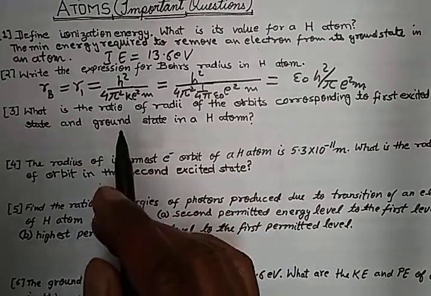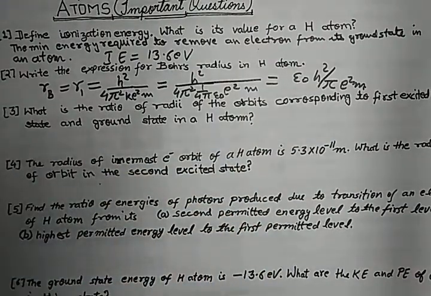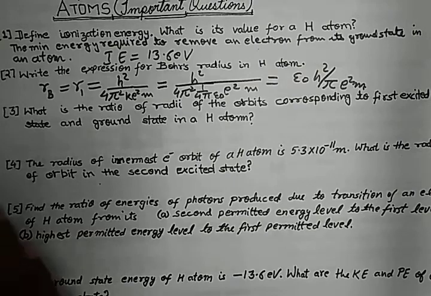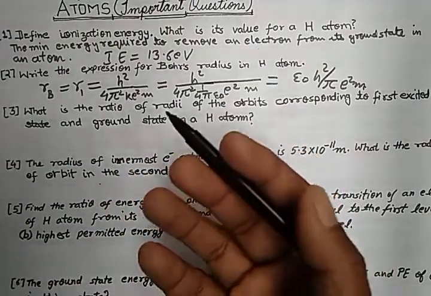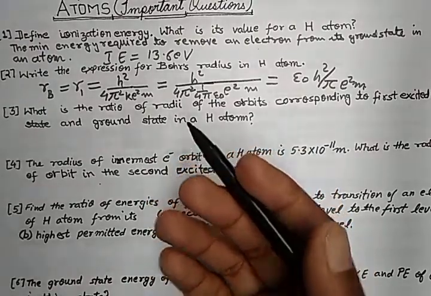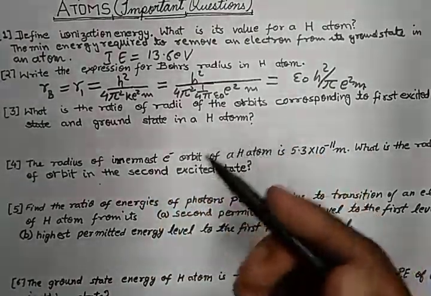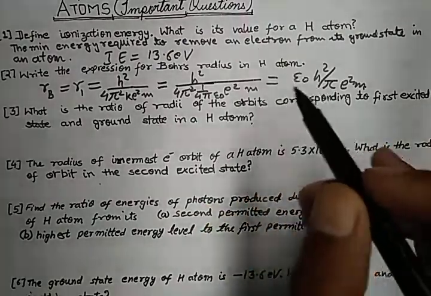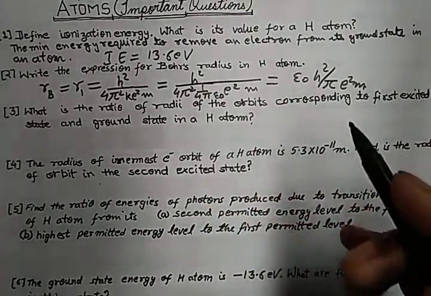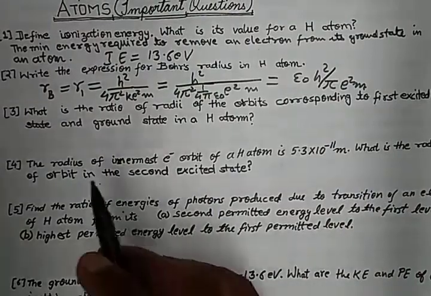See, I have hardly taken 1 minute to derive that and to put the respective value here, and it might come as an MCQ, so you just have to mark that answer. Okay, so that's not a big issue.